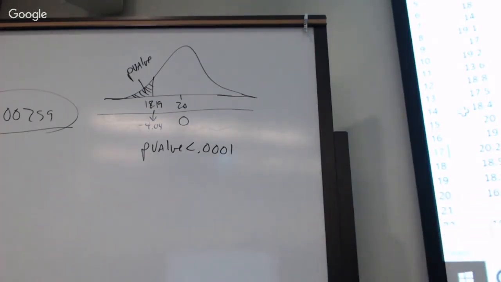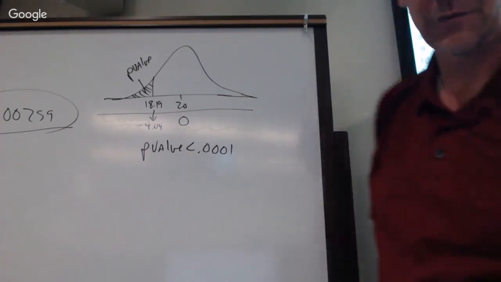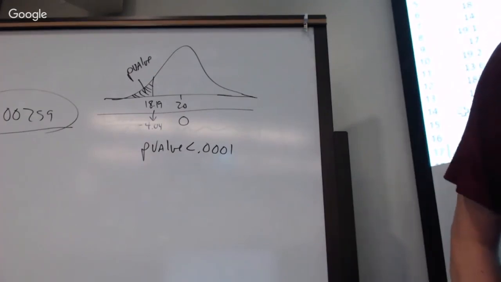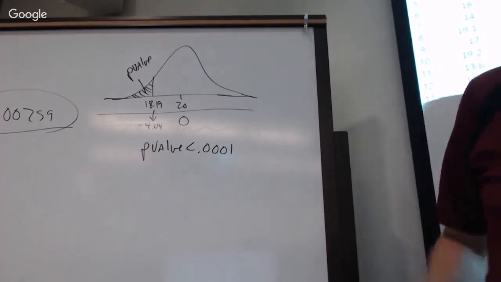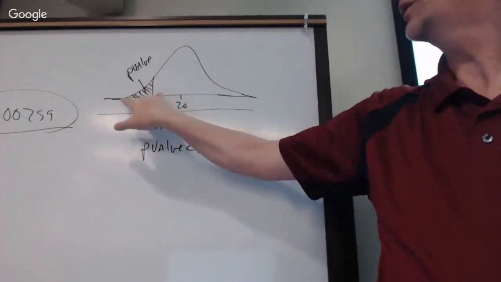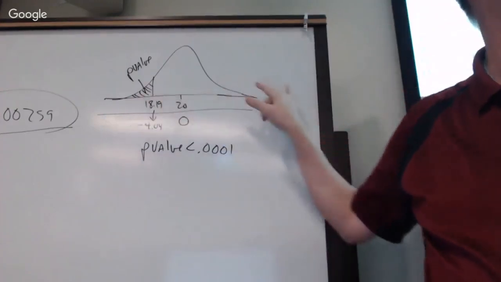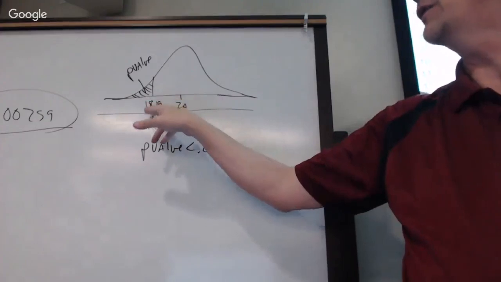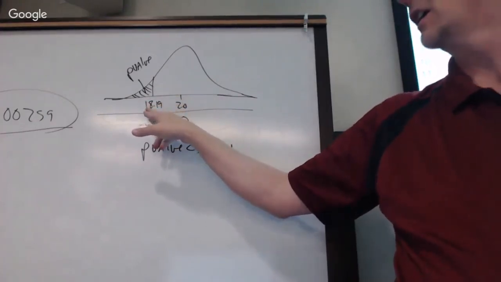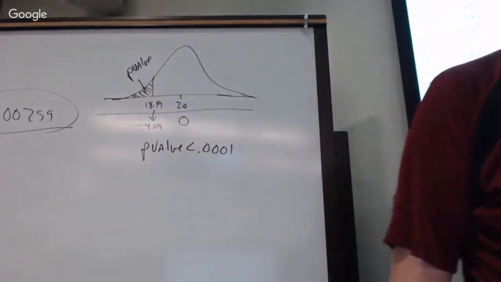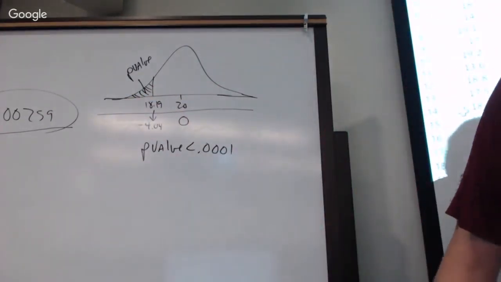The idea here is, when we compute the p-value, we're saying it's as extreme or more extreme. That's why we're shading to the left in this case, although if it was a right-tailed test, we'd shade to the right. The value is as extreme or more extreme than the actual observed value.